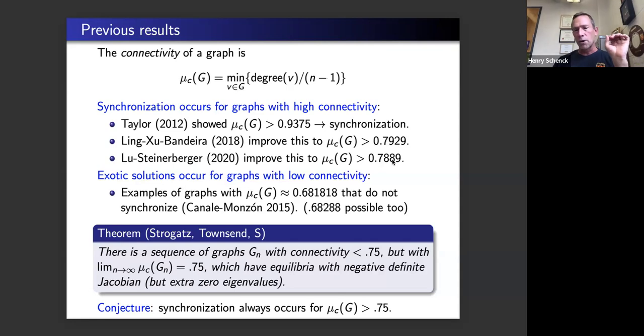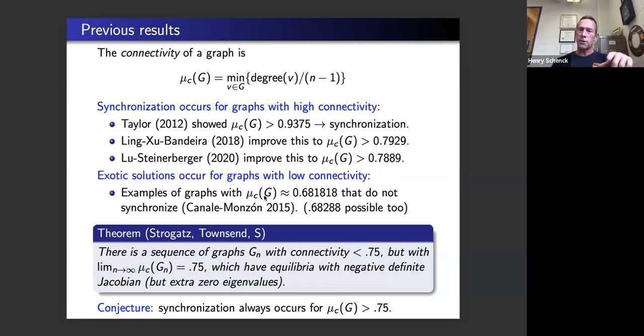And then I have a result that shows that even marginal improvements in this result are interesting. So 2 years later, Liu and Steinerberger bring this down by about 0.004. And so the question is, we're bringing the connectivity down.